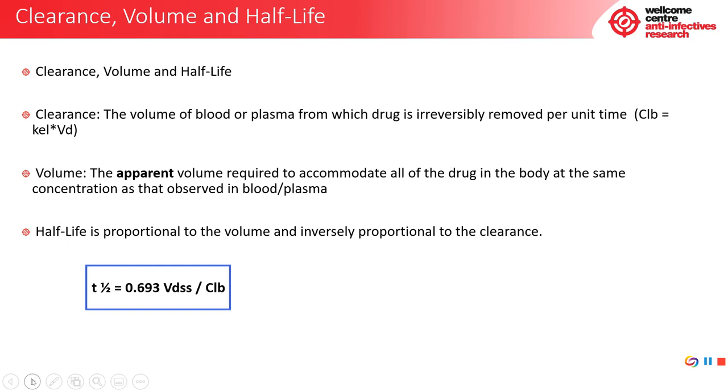This equation is very unique and pivotal in modulating the half-life of a drug. To extend the half-life of a drug, we may increase the volume of distribution, or we can decrease the rate at which the drug is being cleared. On these two premises lies the ability to modulate the half-life of a drug.